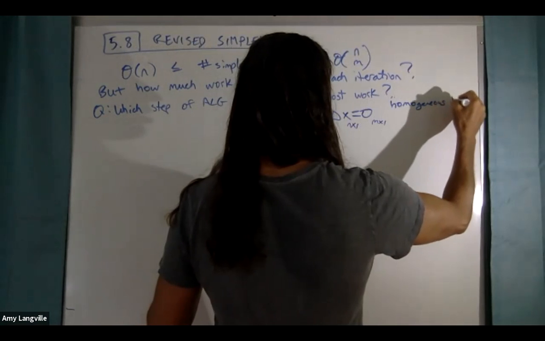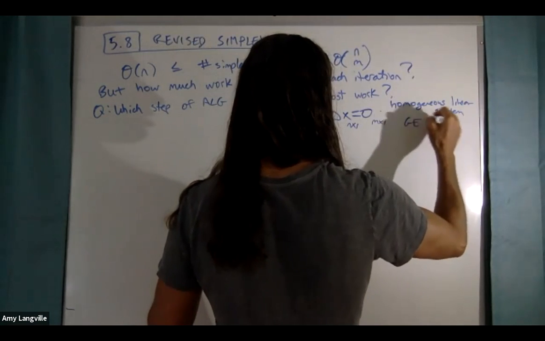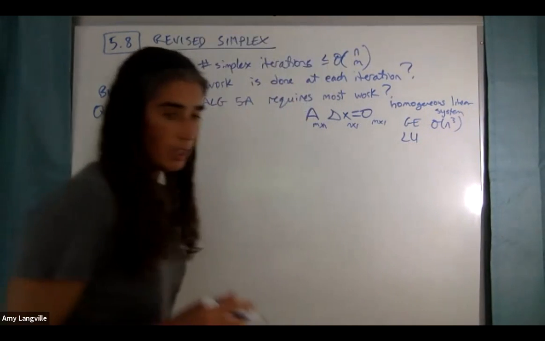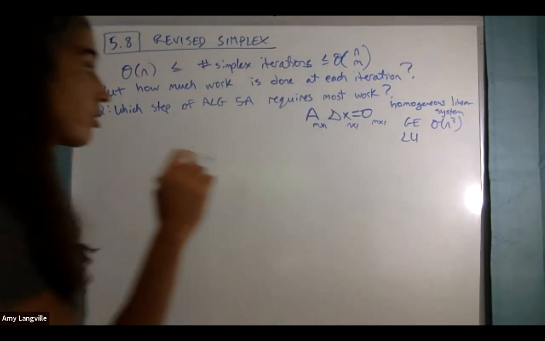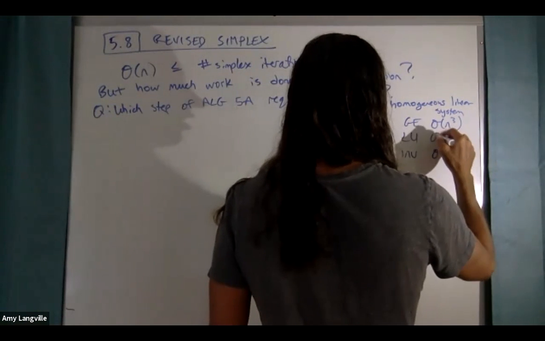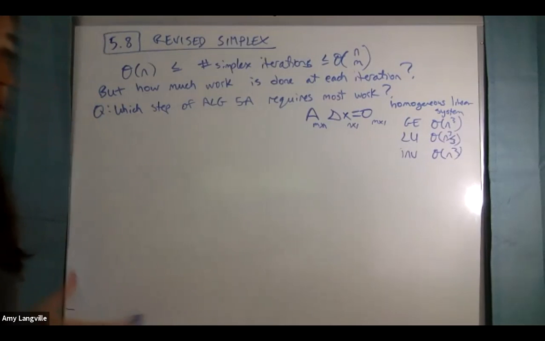This linear system can be solved many ways. You learned things like Gaussian elimination, which is O(n cubed), LU factorization, getting the inverse, O(n cubed). This is like O(n cubed over 3) maybe, but still big O, O(n cubed), right?